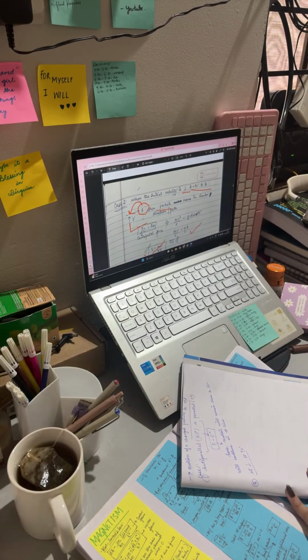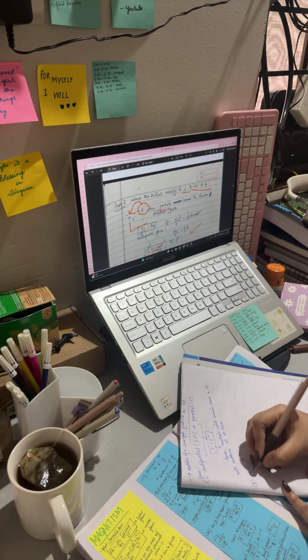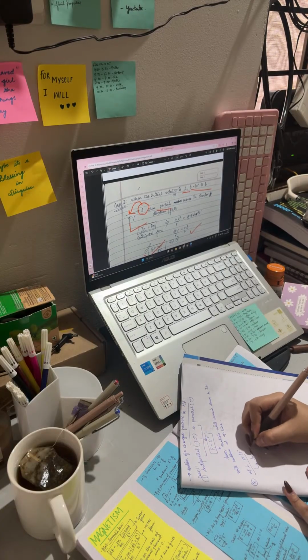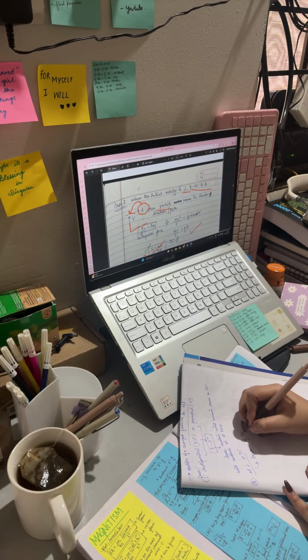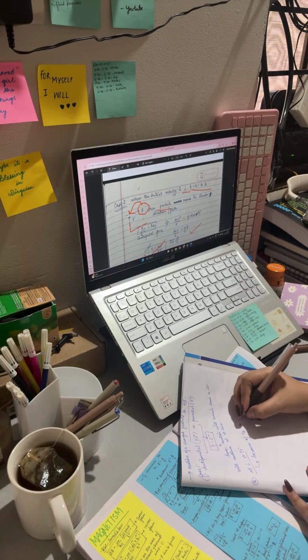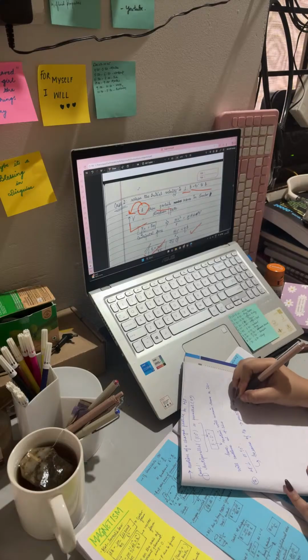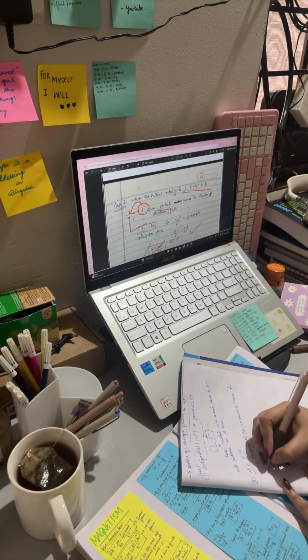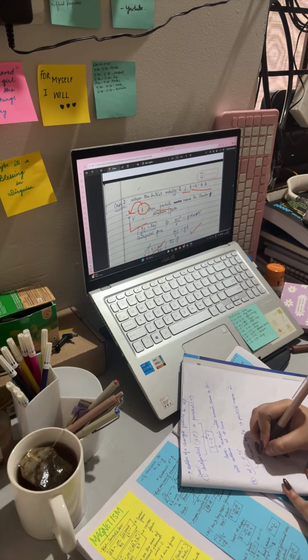When theta is 90 degrees, what do we have? Because of the force Fb, the particle moves in a circular direction. Okay, it moves in a circular direction.